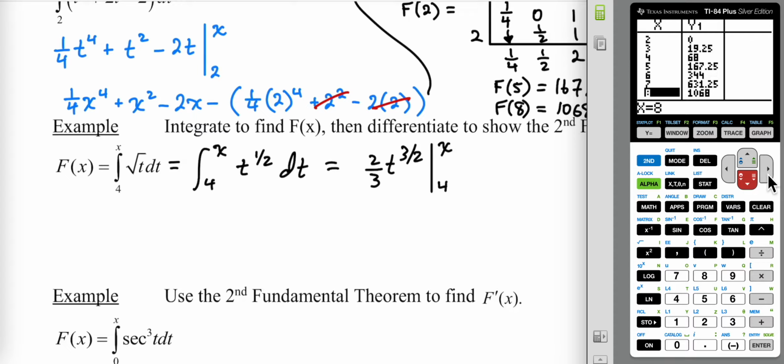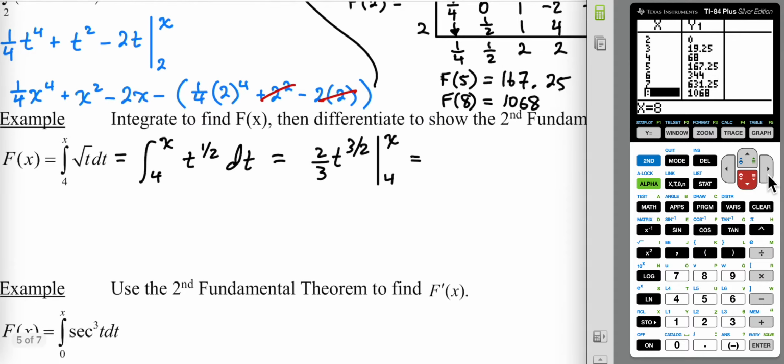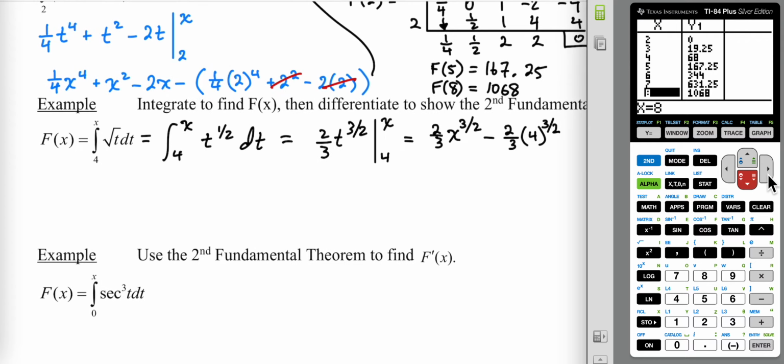All right, so what I'm going to do is replace the t first with an x, and then with a 4. All right, so that's one way of representing our capital F of x. Now I'll get the equal sign in there too.